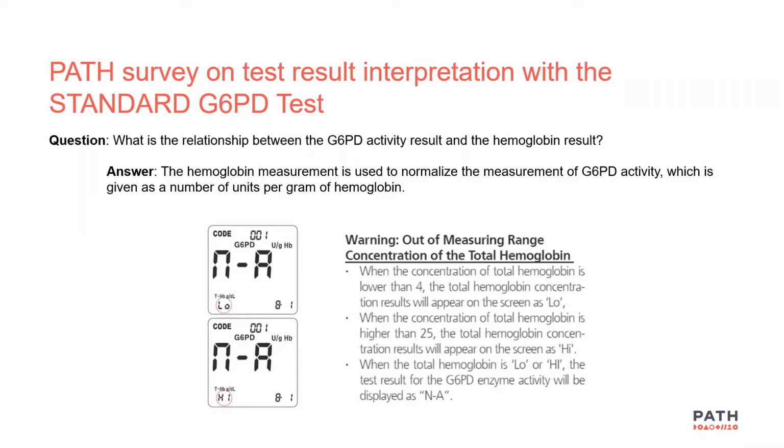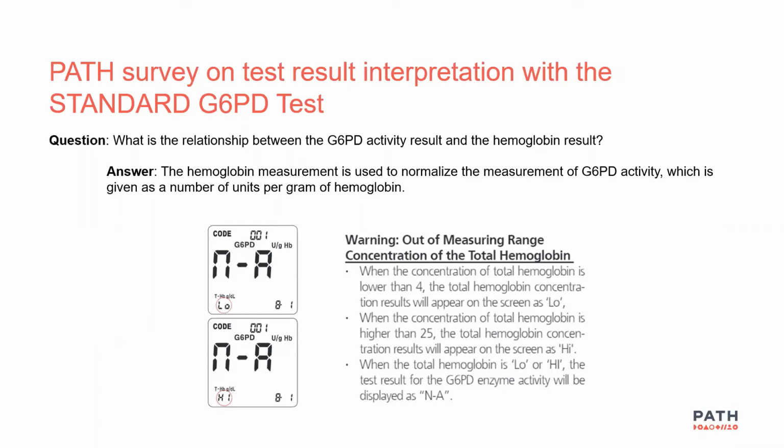Great. So we had a couple of different questions around the relationship between the G6PD activity result and the hemoglobin result. The hemoglobin measurement is used to normalize the G6PD activity, which is given as a number of units per gram hemoglobin, so they are dependent on each other.